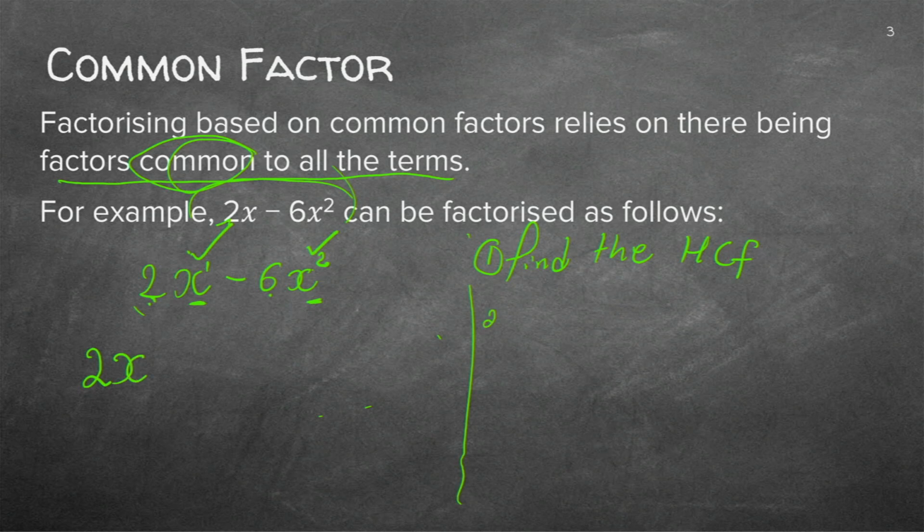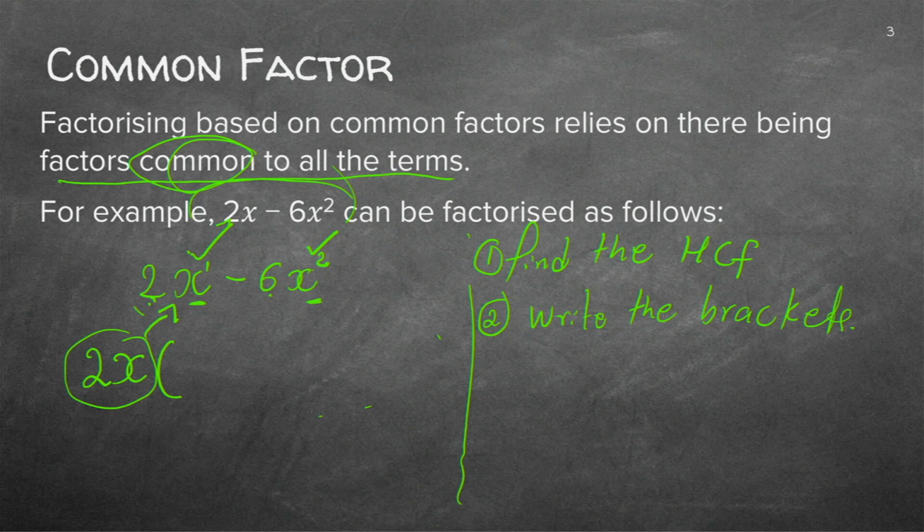Now the second part, as the second rule, you write the bracket. So that's when you bring in your brackets, okay? You open your first bracket, you take the value that you took out as the common factor, and you divide it back.